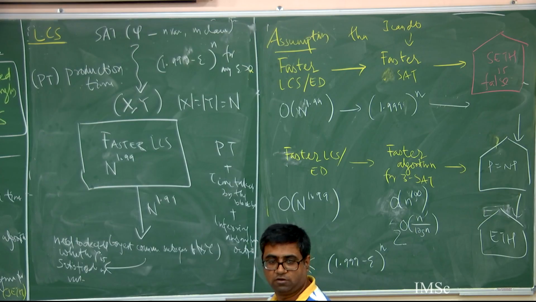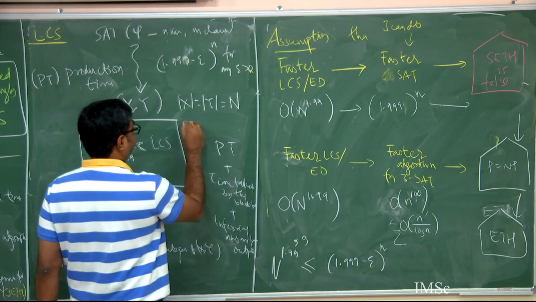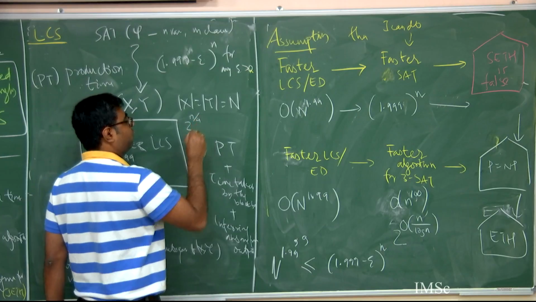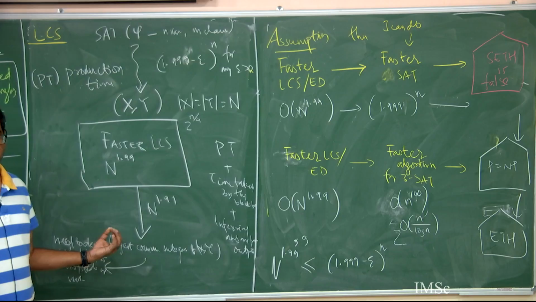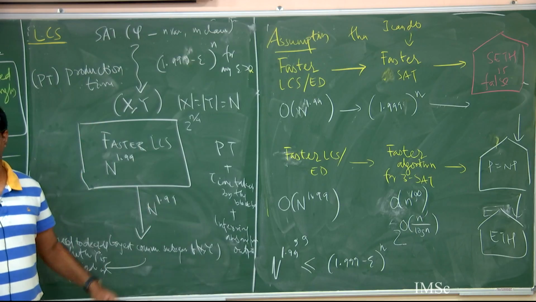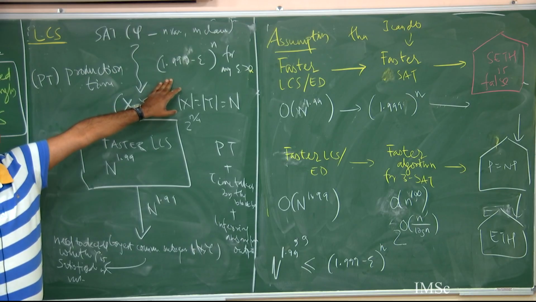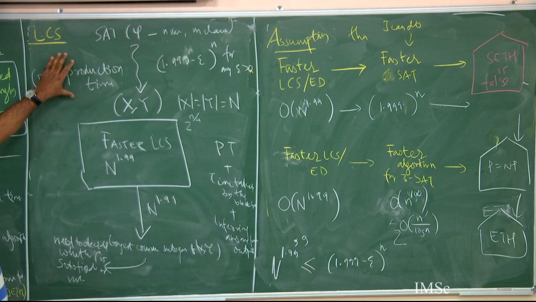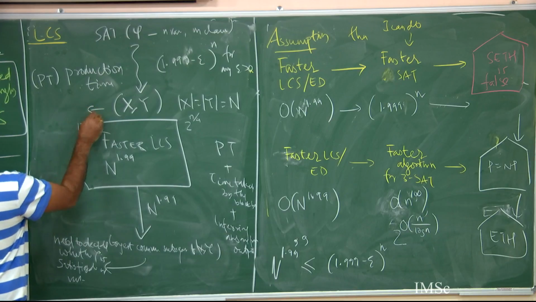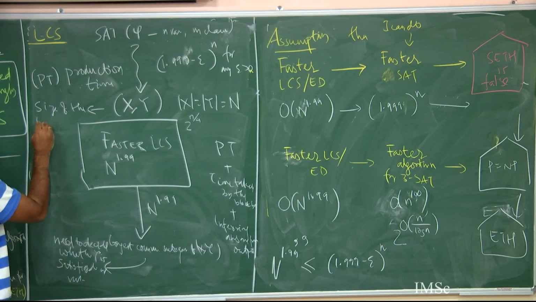For example, if x had 2 to the power n by 4, then this is like 2 to the power n by 2 at best, which is much smaller than 1.99 minus epsilon to the power n I have allowed myself, right? So there are a few things you have to worry about: time, and the size of the input we feed.